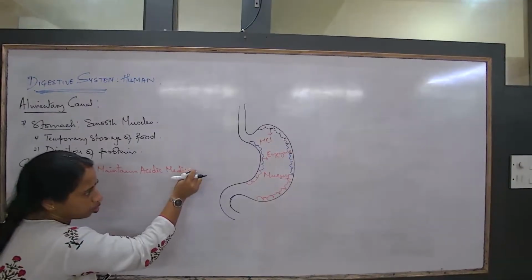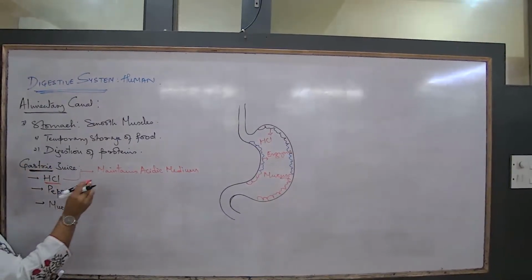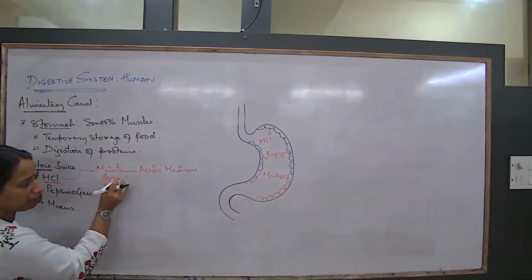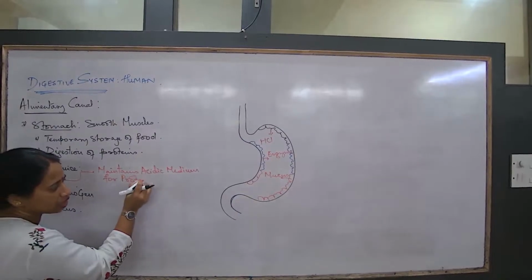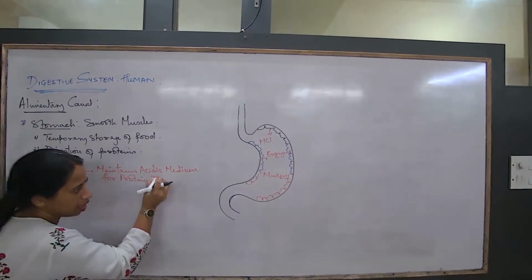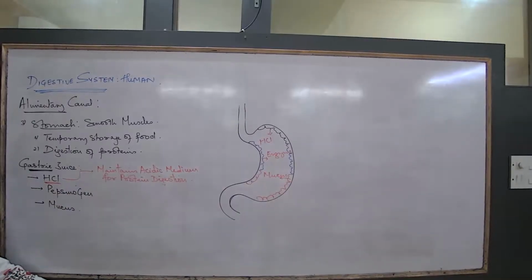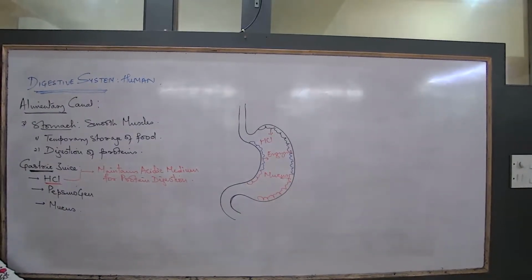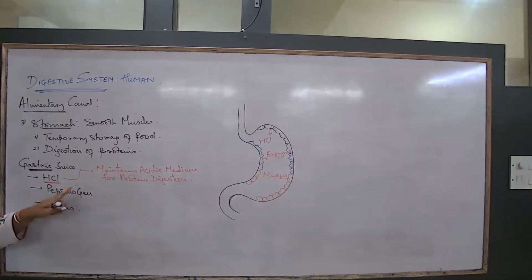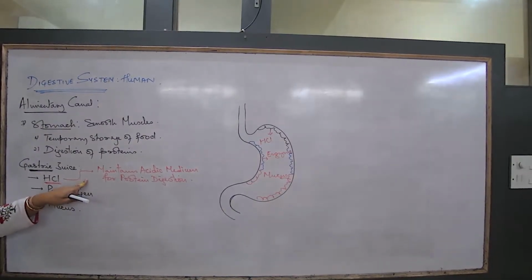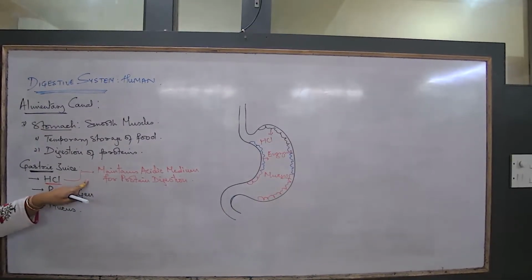For the process of protein digestion. Maintains an acidic medium for protein digestion. Just now I mentioned the stomach is a region where protein digestion can happen. Pepsinogen, S-I-N-O-G-E-N.